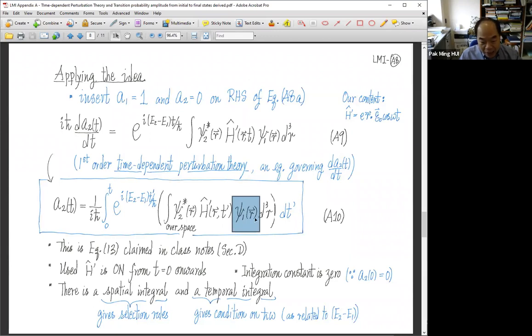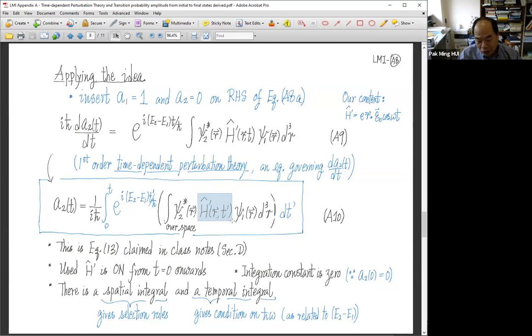For the final state, we are asking what is the probability amplitude that it is found in another eigenstate called 2. So phi2 with a complex conjugate, and then phi1, and in between the perturbation. Now that is rather natural. The same structure appears in time-independent perturbation theory.